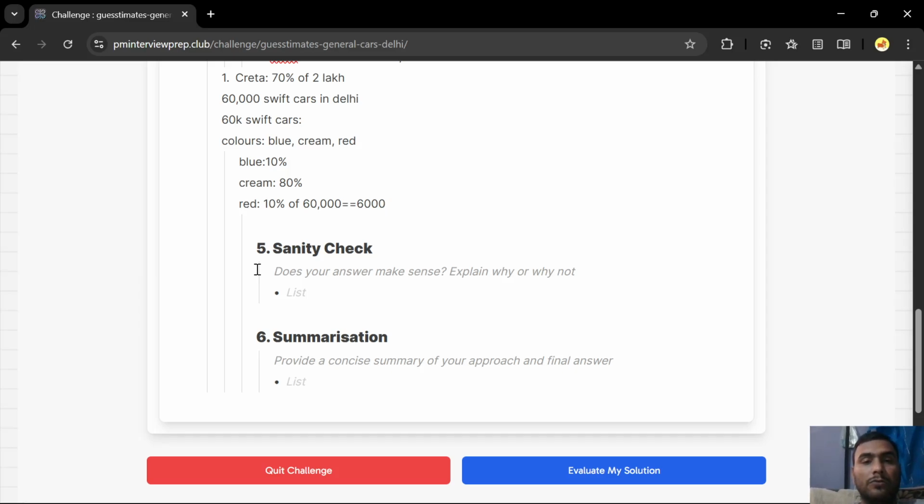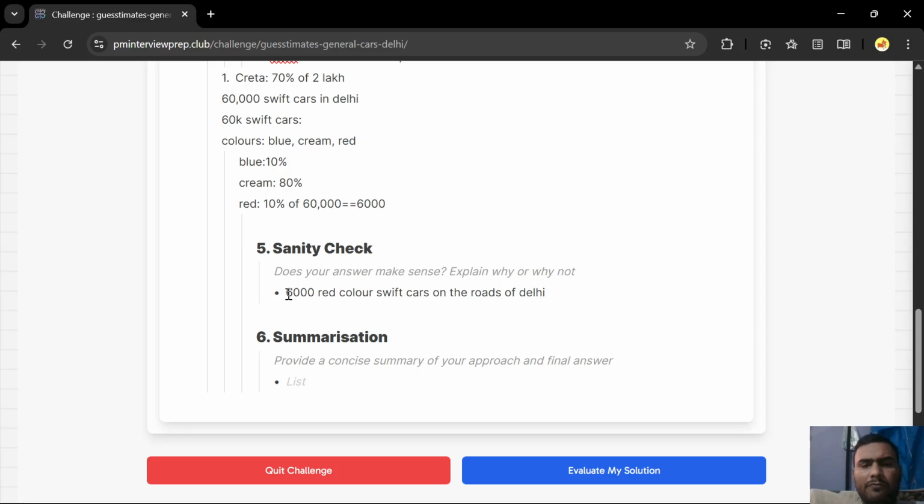So let's do a sanity check. What sanity check means is that the number we have arrived at, 6,000 red color Swift cars on the roads of Delhi.